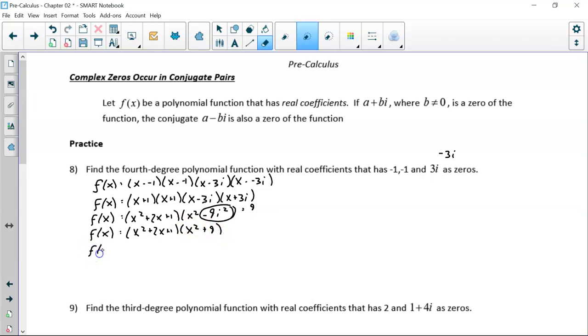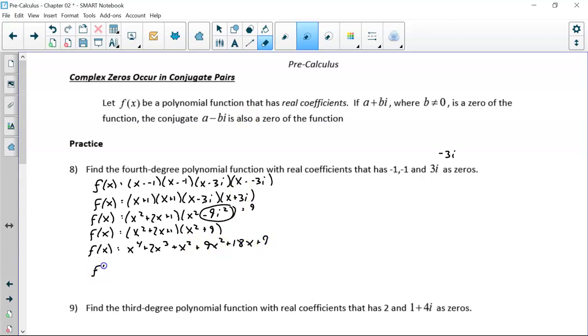So now I distribute my x squared and my 9. F of x equals x to the 4th plus 2x cubed plus x squared. Distribute the 9, so plus 9x squared plus 18x plus 9.